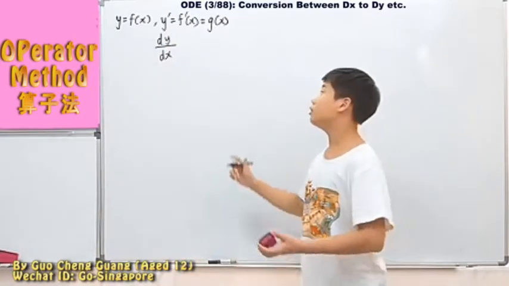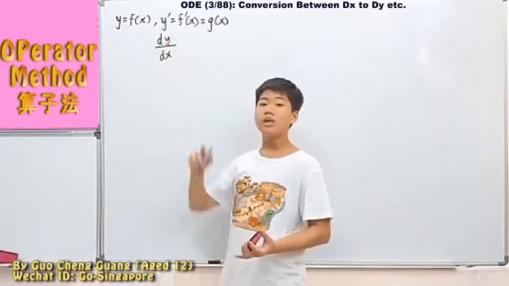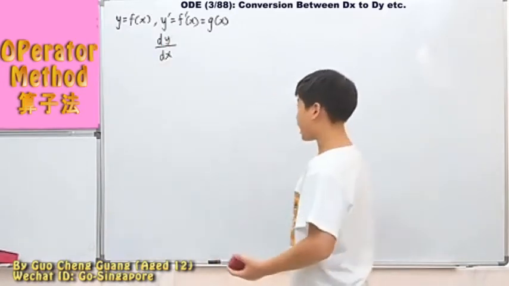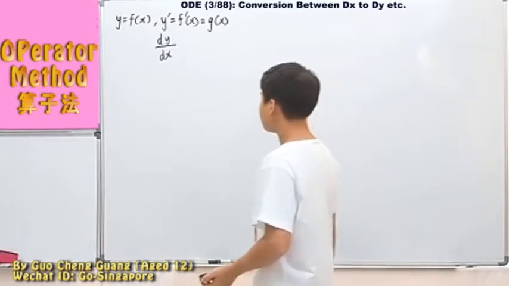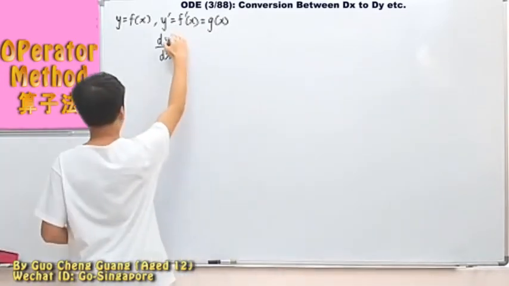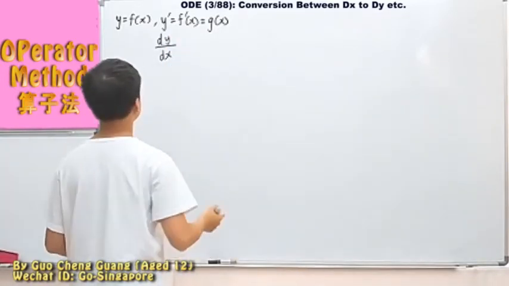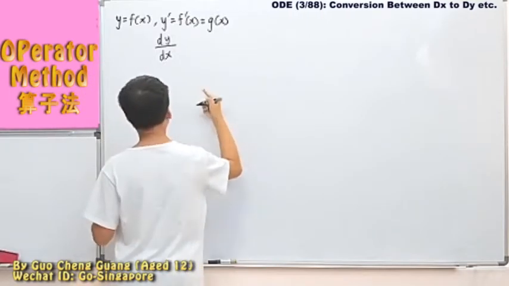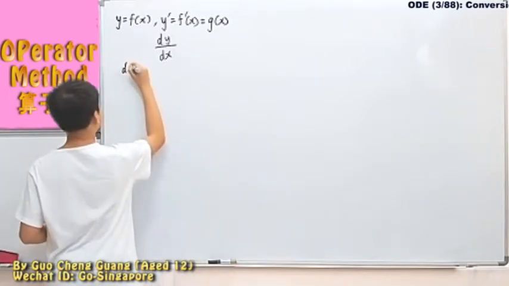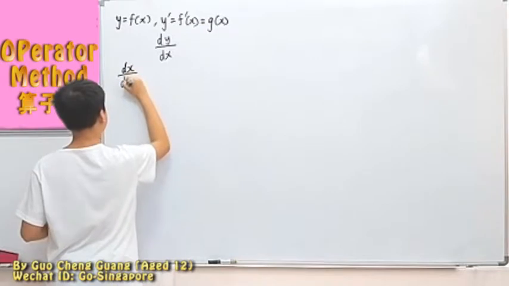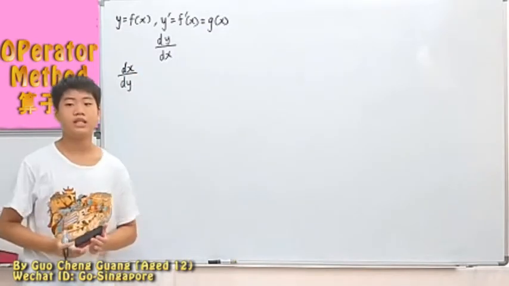That means you differentiate y with respect to x. So in this part, you have y with respect to x. Then, wait, what if the question asks dx/dy? What if it is like this?